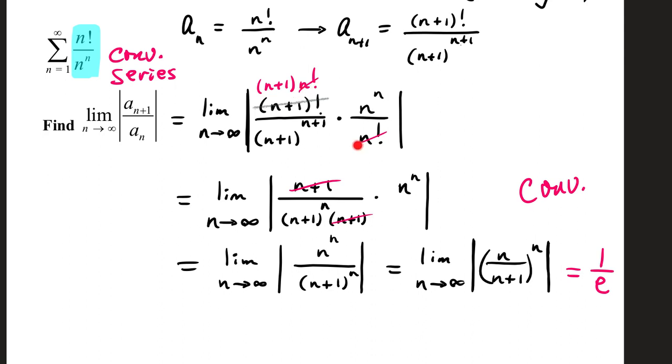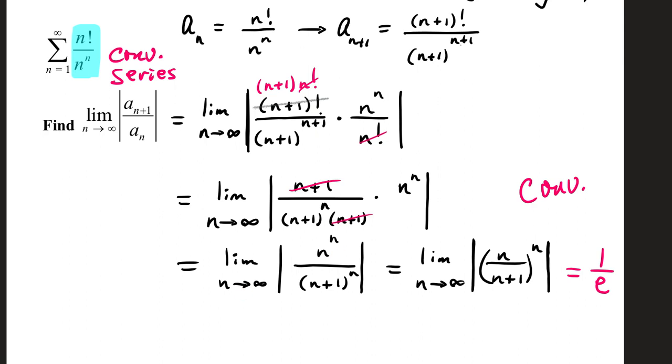The n factorials will cancel, leaving us with n plus 1 over (n plus 1) to the n plus 1 power times n to the n. This bottom left can be rewritten as (n plus 1) to the n times (n plus 1) to the first, and that'll account for that 1. Cancel your n plus 1s.